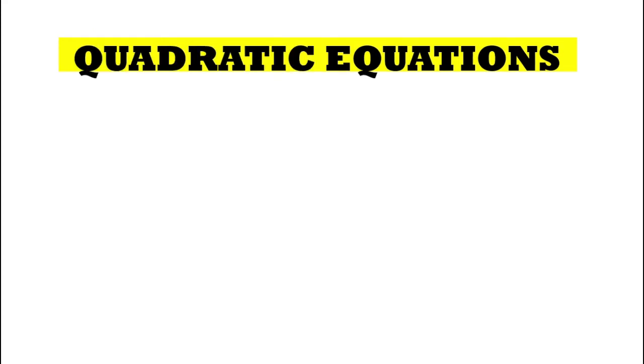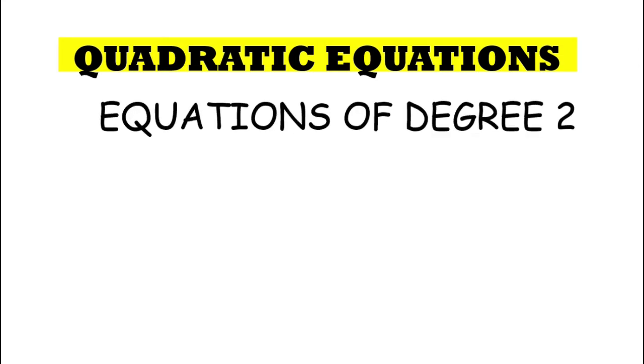Now let's move to quadratic equations. If linear equations are equations of degree 1, quadratic equations are of degree 2. It means that the highest exponent of our unknown variable must be 2.